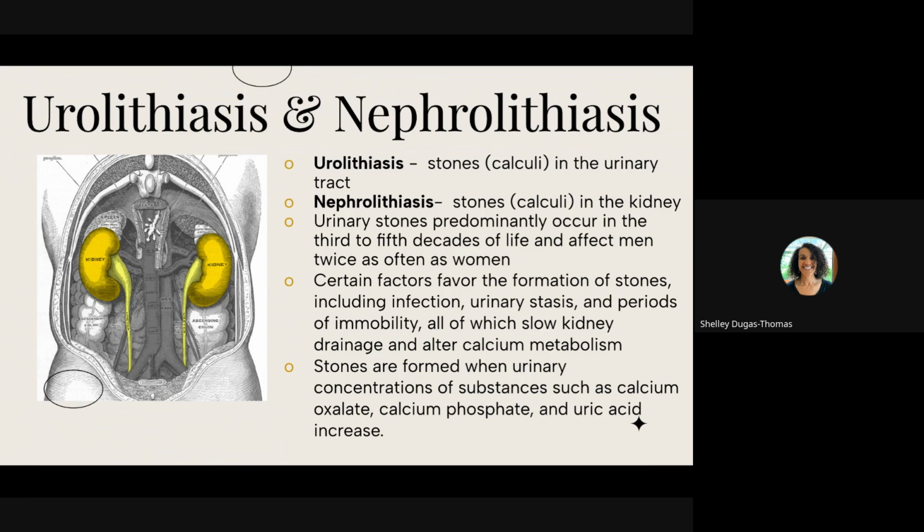Several conditions, as well as certain metabolic risk factors, predispose patients to stone formation. These include anatomic derangements such as polycystic kidney disease, horseshoe kidney, which is a congenital condition that occurs when the kidneys fuse together during fetal development, forming a U shape similar to a horseshoe, chronic strictures, and medullary sponge disease, which is a rare congenital disorder that causes the formation of cysts in the collecting ducts and tubules of the kidneys.